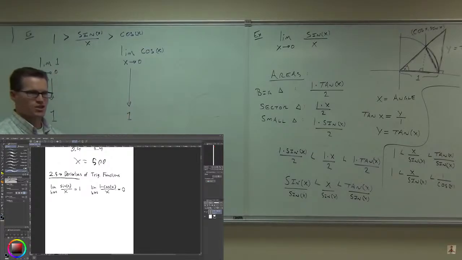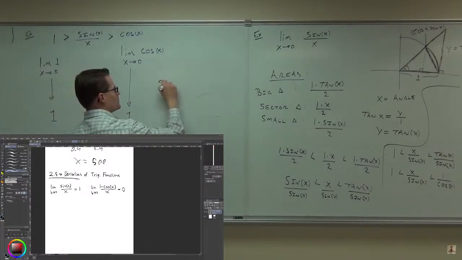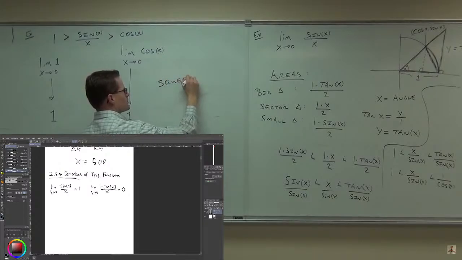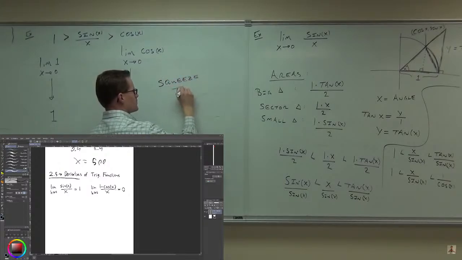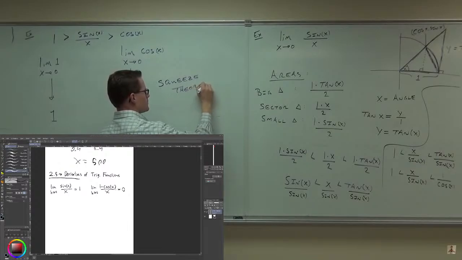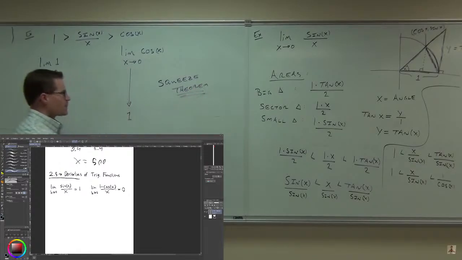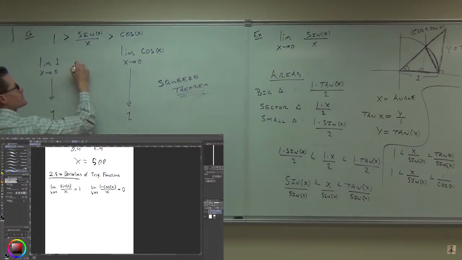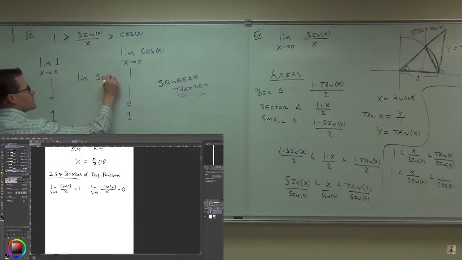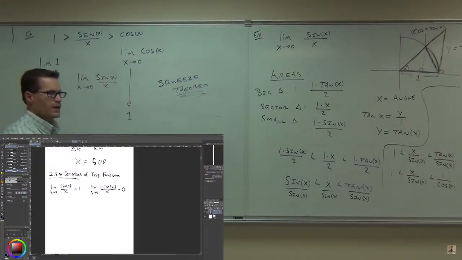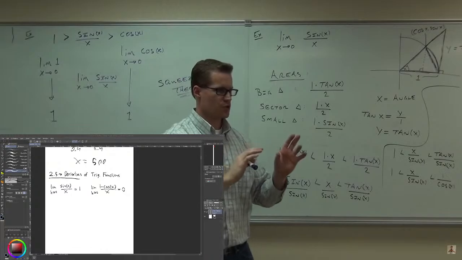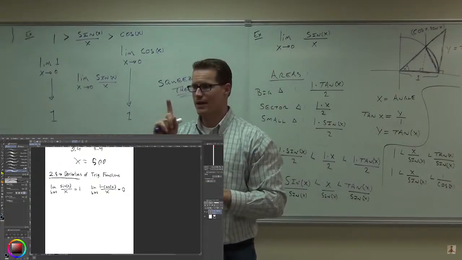Here's what that says. Check it out. By the squeeze theorem, if I take the limit of sine x over x as x approaches 0, it was squeezed between two functions whose limit was 1 as we went to 0.